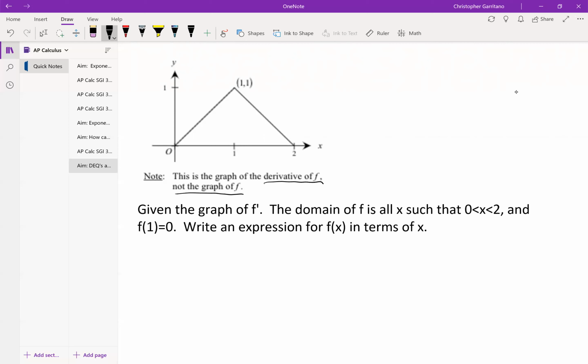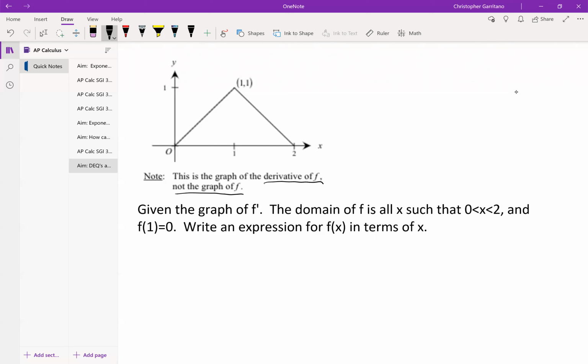So you have to really be careful when you're going through the AP. When you're given a graph, make sure that you read any little notes or descriptions of what the graph represents, because they could give you the original graph, they could give you the derivative graph, they could even give you the second derivative graph. So we need to be alert to what exactly it is that they're giving us.